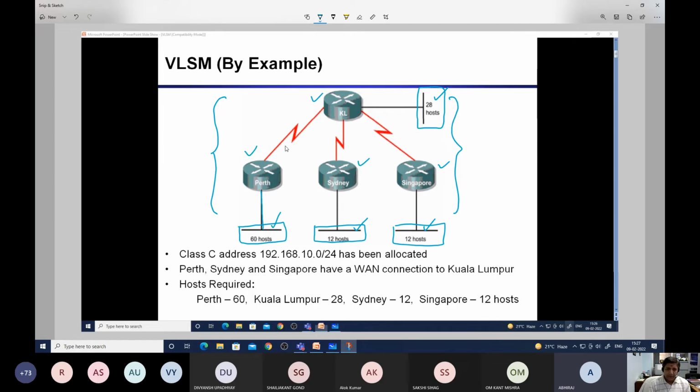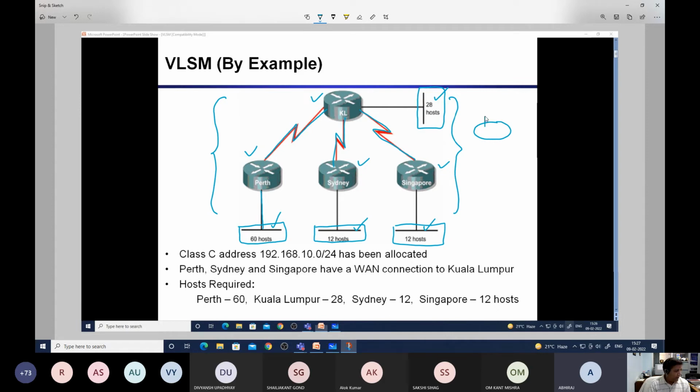And then these routers are interconnected also. Fine. Now, when we have a router, you might see this in our Cisco Packet Tracer laboratory experiments. In a router, which is actually a router, not a layer 3 switch, there is a WAN interface also.